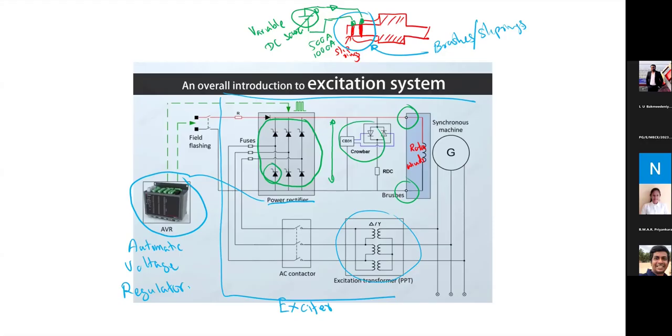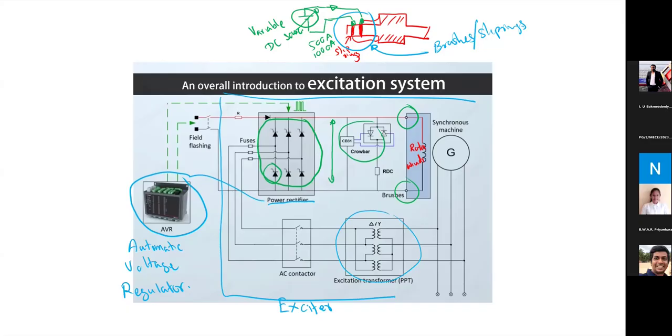In simple form, it is just a PI controller looking at the generator terminal voltage and maintaining the voltage based on the power provided to the power rectifier on the excitation circuit. Because in a synchronous generator, the output terminal voltage depends on the amount of excitation that you have on the rotor winding. I'm not going to go into much of the theory on synchronous generators.